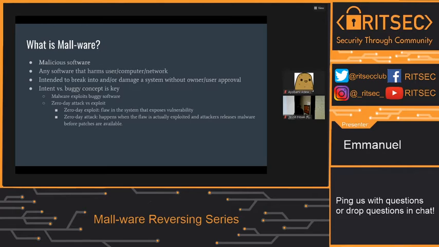And why does malware exist? This is because of bugs in software. So you can see there's two types: the zero-day exploit and the zero-day attack. Before we talk about the attack, a zero-day exploit is pretty much a flaw in a system that's not known to the developer, and it exposes a vulnerability to anyone out there.